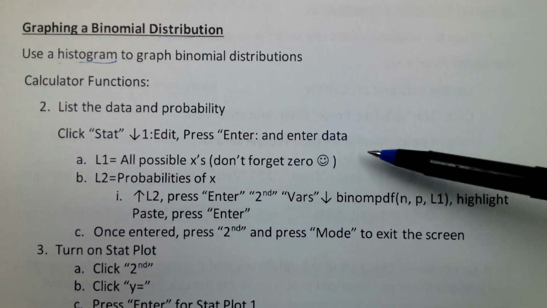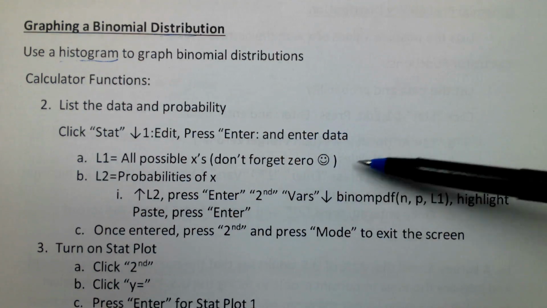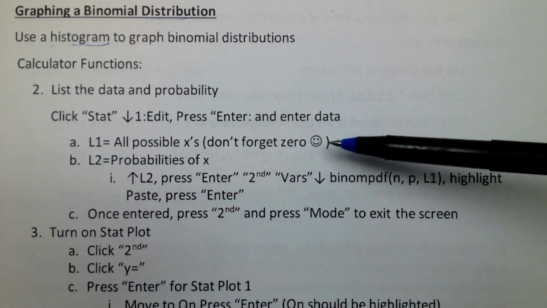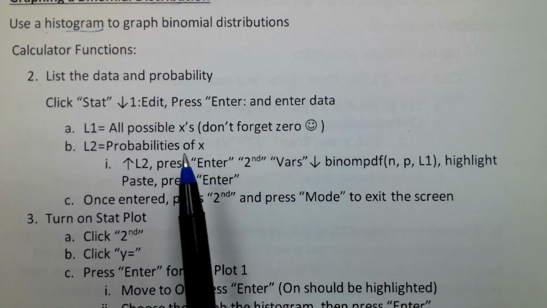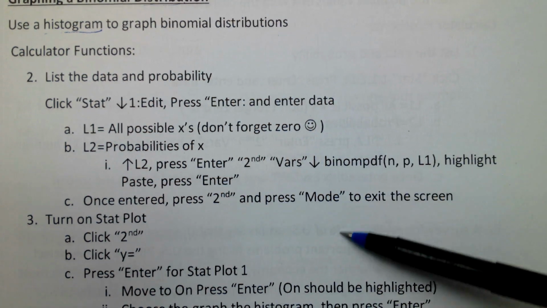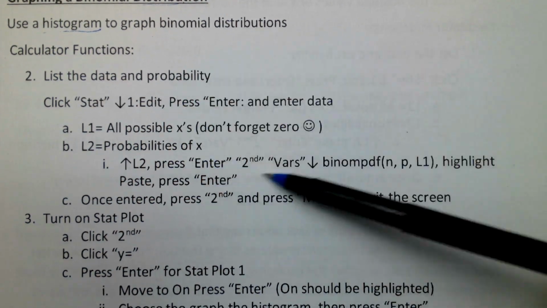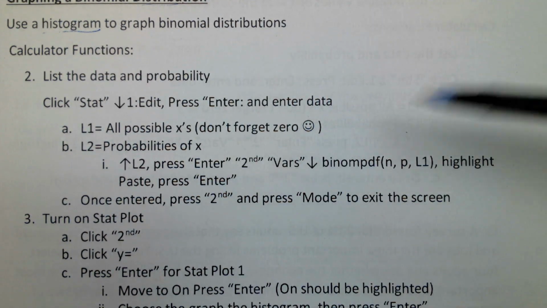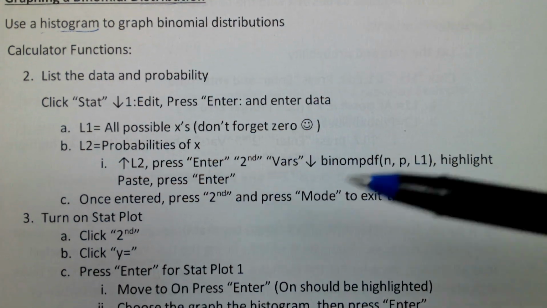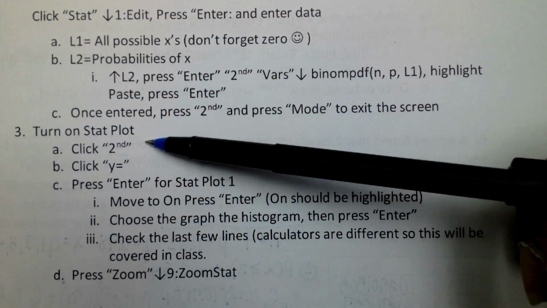Okay, so you're going to calculate each of those P of x's however you want to choose. If you want to put the probabilities in with Binomial PDF individually and find those numbers, or let the calculator calculate them all together, like we did with the Binomial PDF and list thing, do that. And then we're going to graph.